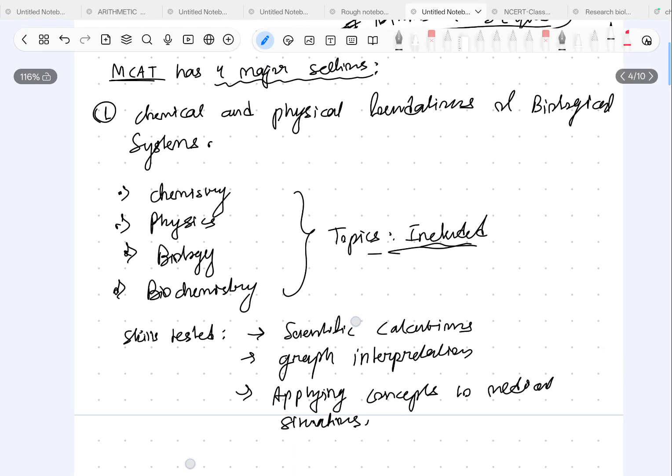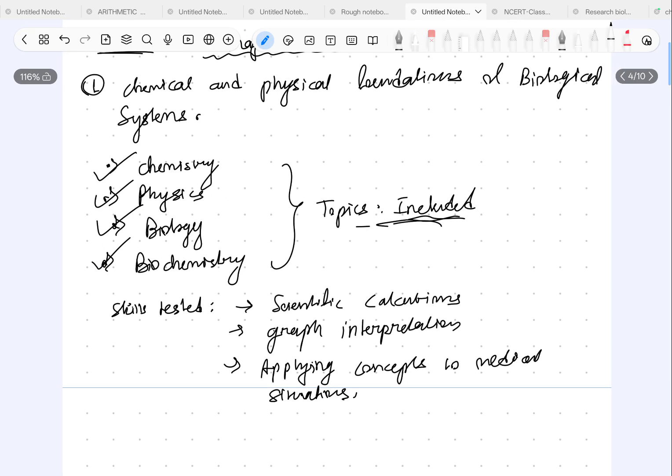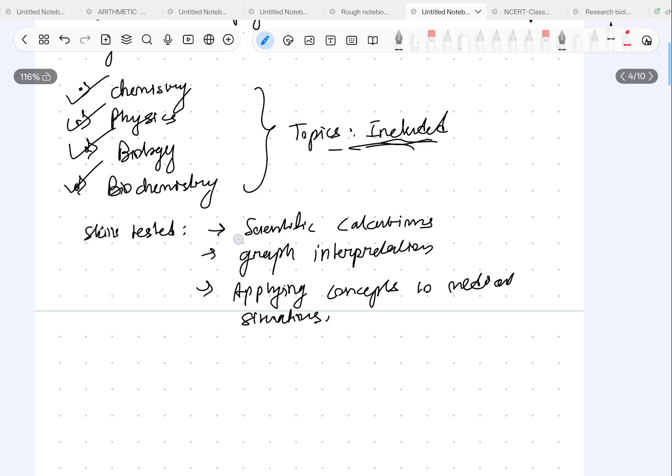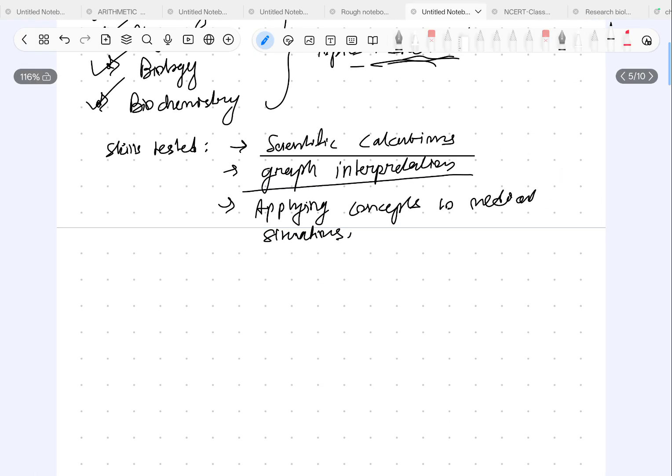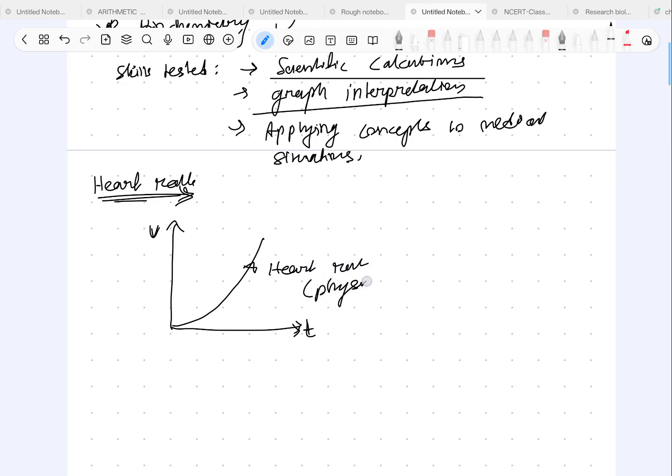Let me give one example of graph interpretation: heart rate. At the MBBS level you will also study that heart rate is calculated like this on a velocity-time graph, and when the heart rate is accelerated it looks like this. Heart rate can also be calculated using physics methods or formulas. These are the things.